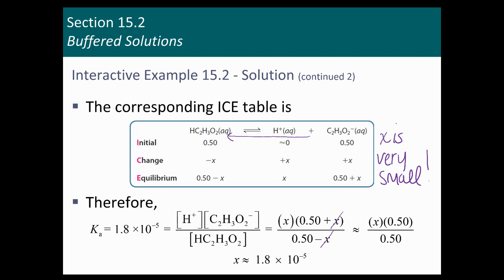And what do you notice about them, because the concentrations here are the same, is that they cancel. And X equals 1.8 times 10 to the negative 5. So if X equals that, then the pH is the negative log of that, which equals 4.74.